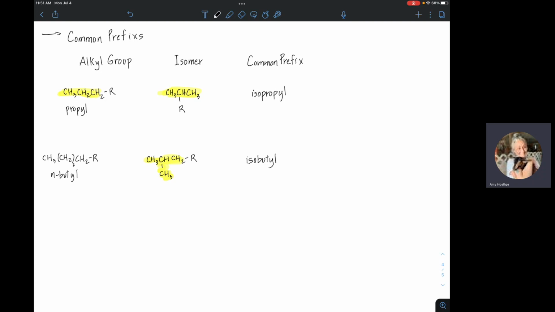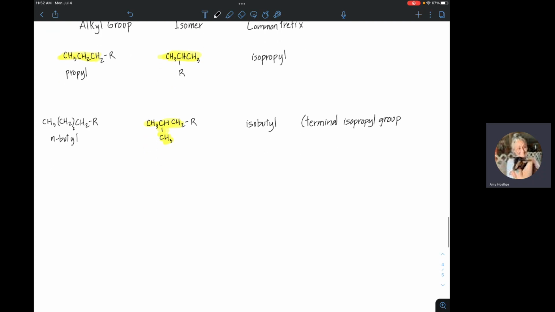So if you notice that at the very end of the molecule, if you were to go from R and work your way to the left there, we have a terminal, meaning on the end, isopropyl group. And if you have that situation where you have a terminal isopropyl group, even if you have more carbons involved, like in this case, we have 4 carbons, not just 3.